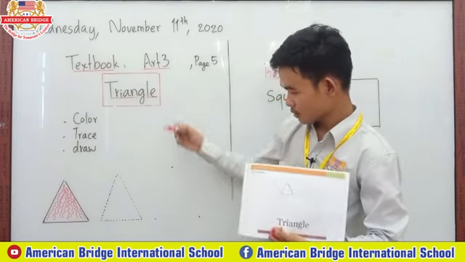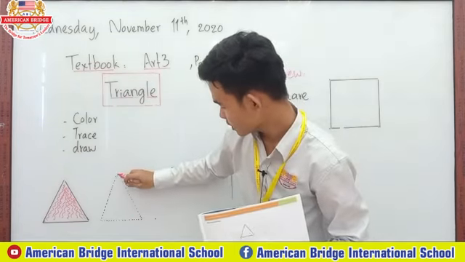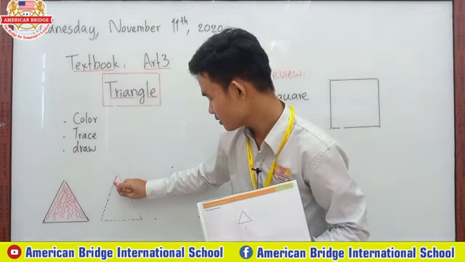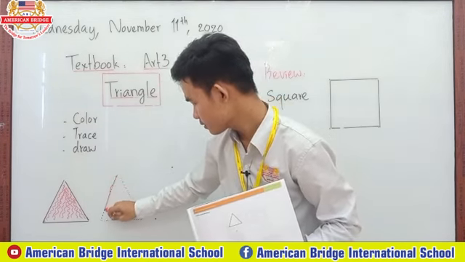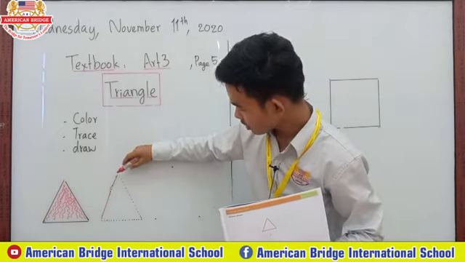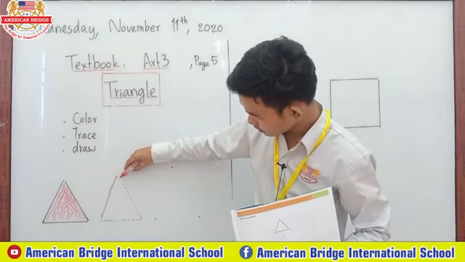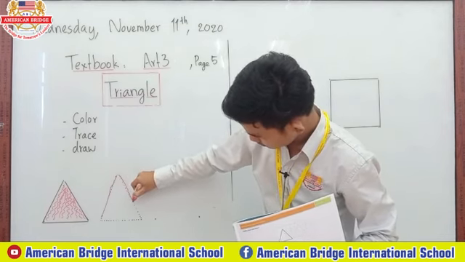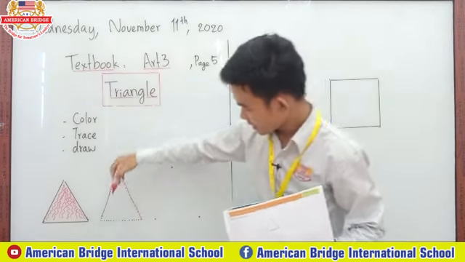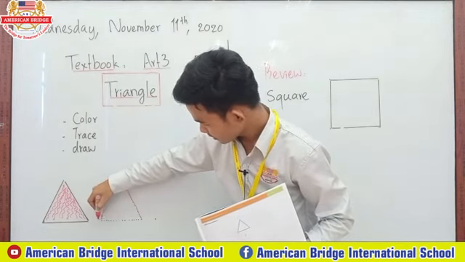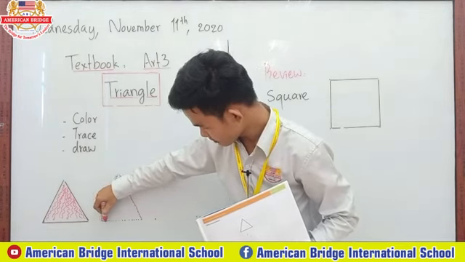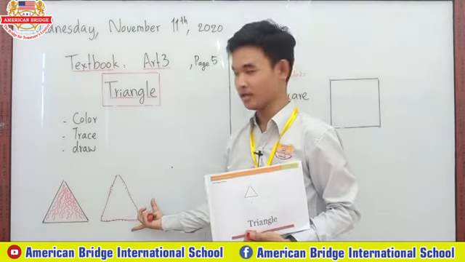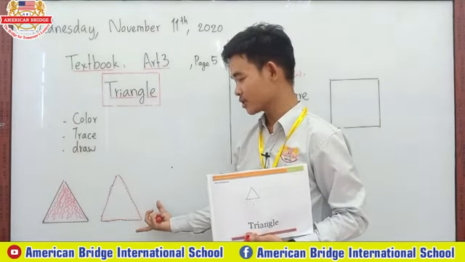Let's start from the top to the bottom on the left side. And then start from the top to the bottom on the other side. And then connect these two lines together on the bottom. Here we traced another triangle.